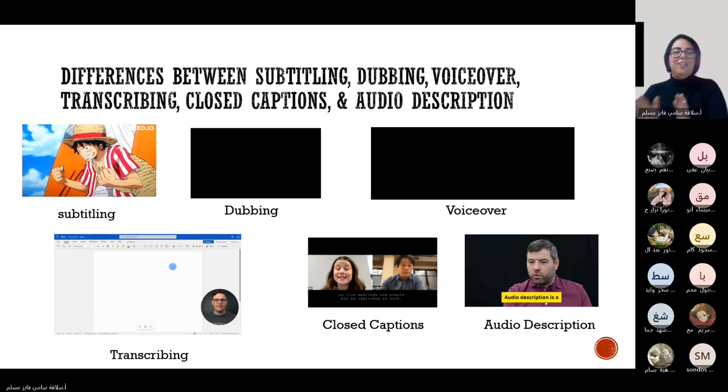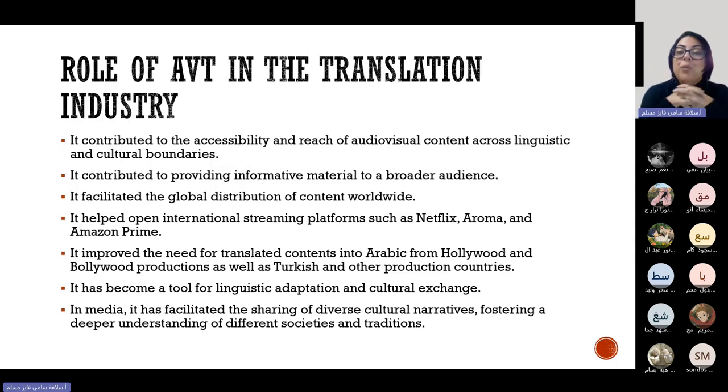Okay. All right. So what is the role of AVT in the translation industry? What is the role of audiovisual translation within the translation industry? It contributes to accessibility. Accessibility means anyone can get it.